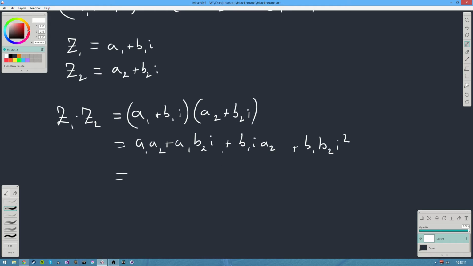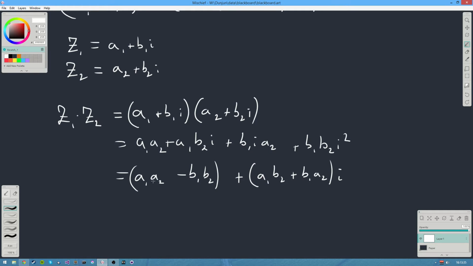So we've got the reals and the imaginaries together. Remember i squared was -1, so this actually now equals a1 a2 minus b1 b2, and then there are the imaginary parts. So you've got a1 b2 plus b1 a2 i. So that is the product.